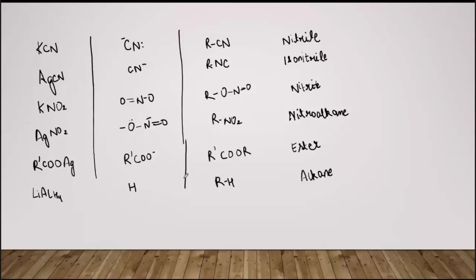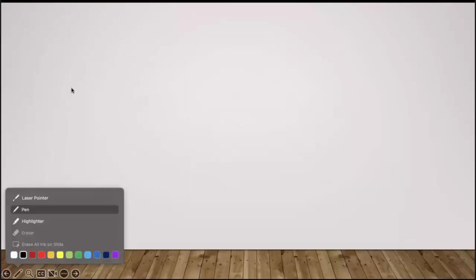Okay. Now I told you that I'll explain to you about the CN and the NO2 group. So see, these species are known as ambident nucleophiles. And what are these?